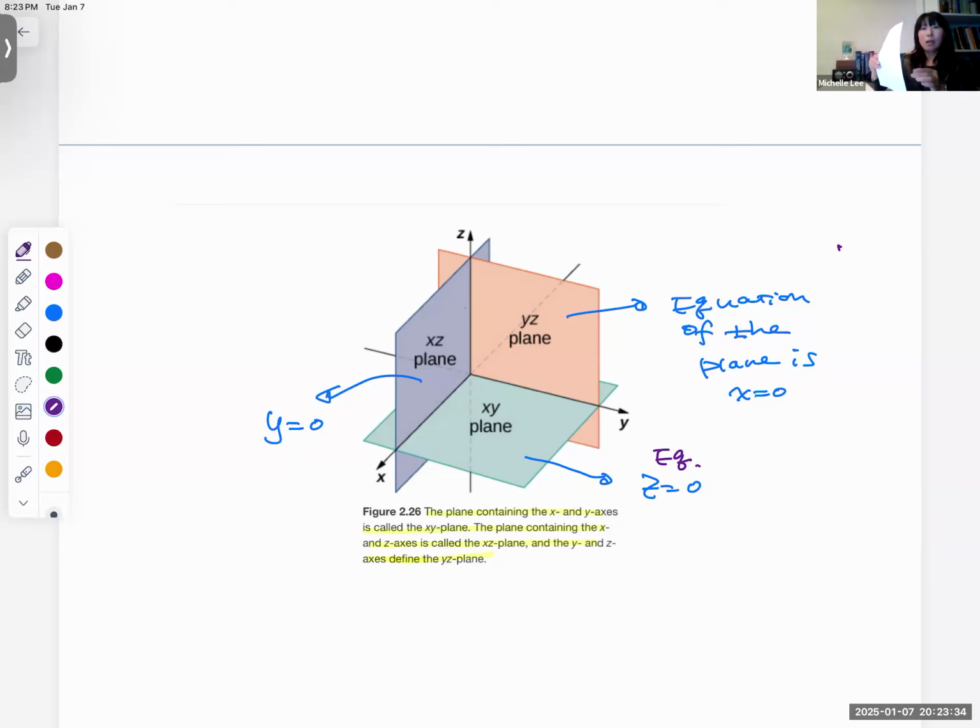The XY plane, up and down. Okay, along the x-axis, the YZ plane, along the y-axis, the XZ plane. I didn't make any mistake, right? Make sense? Okay, good. All right, let's move on.